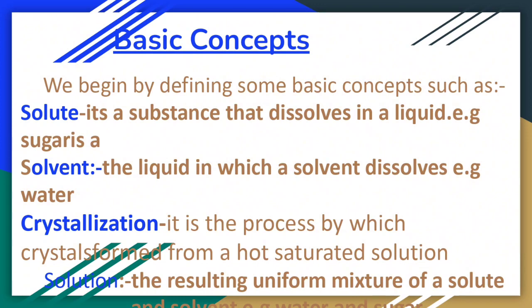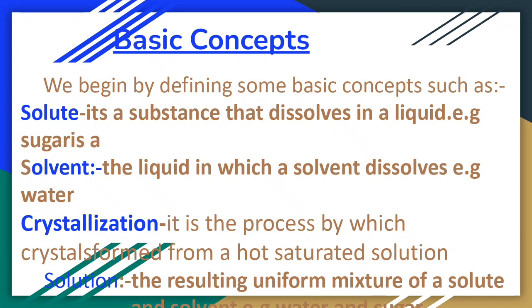Now, we have another word here, a solution. A solution is the resulting uniform mixture of a solute and a solvent. For example, water is a solvent and salt is a solute, or even sugar is a solute.